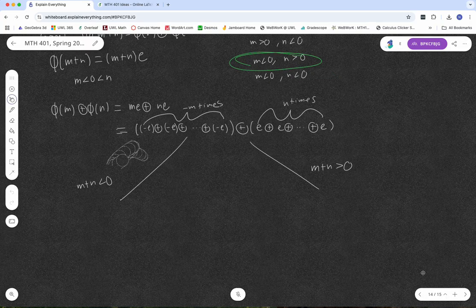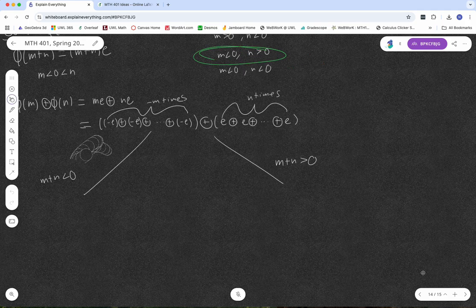Let's do the one on the right. If it's positive, then that means there are more e's than negative e's, so we're going to get e plus e and so on, m plus n times.